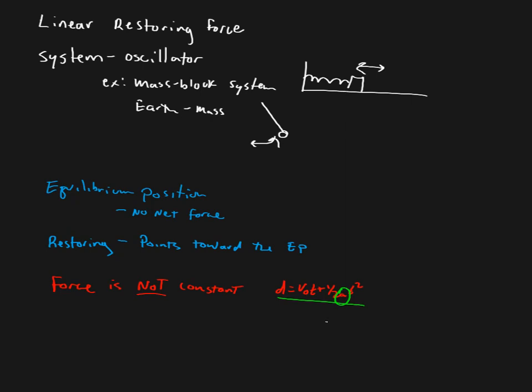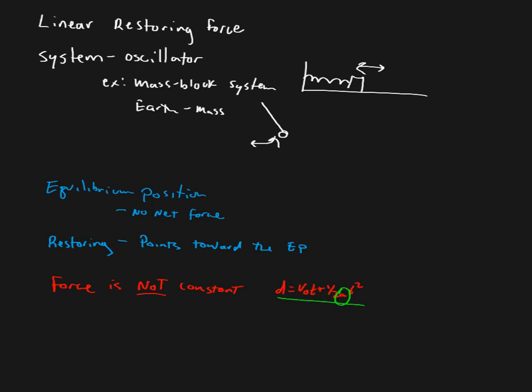And the reason it's falling with a constant acceleration is because the force of gravity is constant. It's not getting bigger or smaller as the object falls. And so because the force is not constant, we have to come up with a completely different way of analyzing the motion of the object that cannot utilize the equations that we had before.